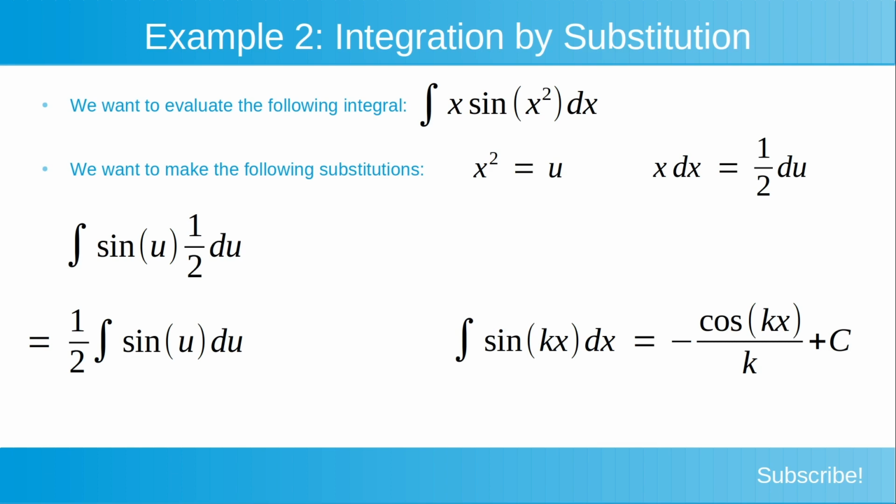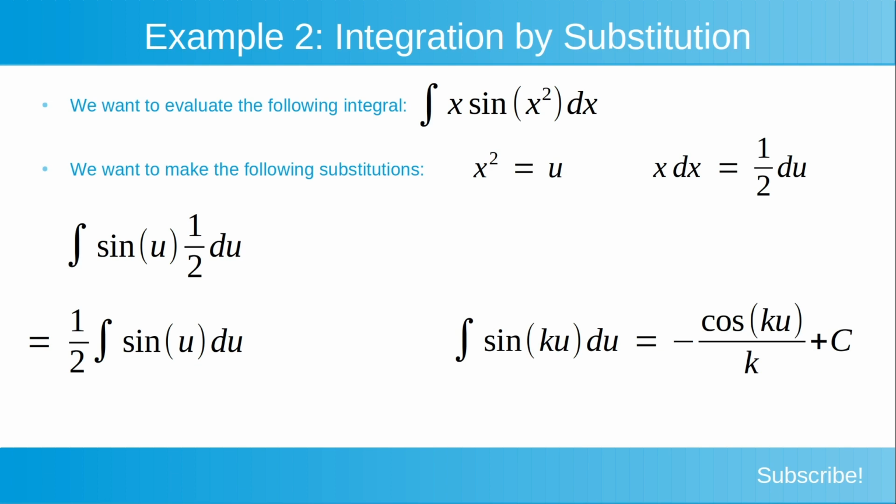We can make this formula at the bottom right of the screen a little bit easier to use with our example at the bottom left of the screen by rewriting that formula for a variable u. And when we do that, we get the indefinite integral of sine ku du is equal to minus cos ku divided by k plus c.